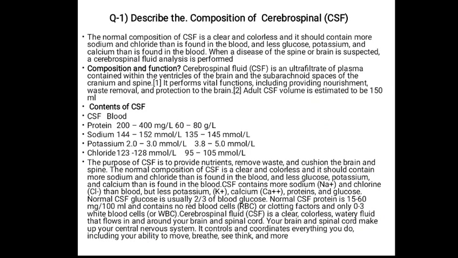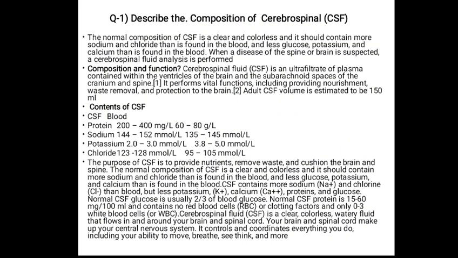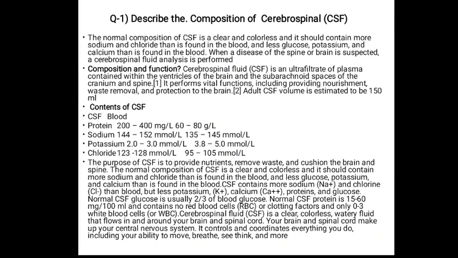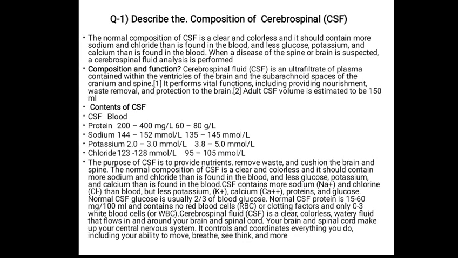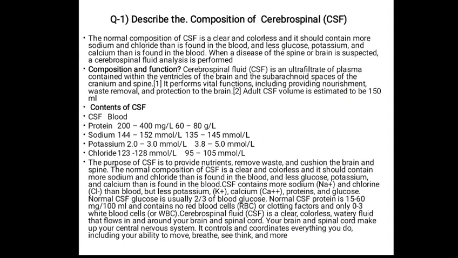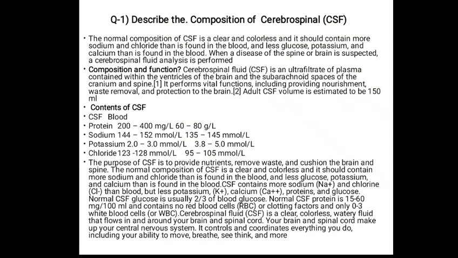When a disease of the spinal cord or brain is suspected, they will do an analysis of the cerebrospinal fluid to identify the disease. Composition and functions of cerebrospinal fluid.